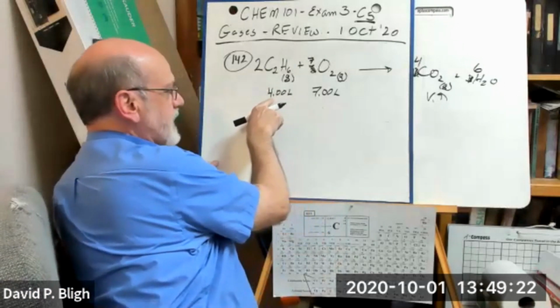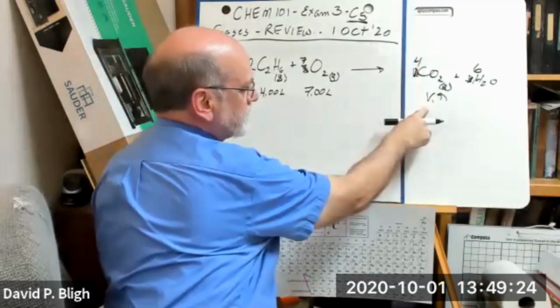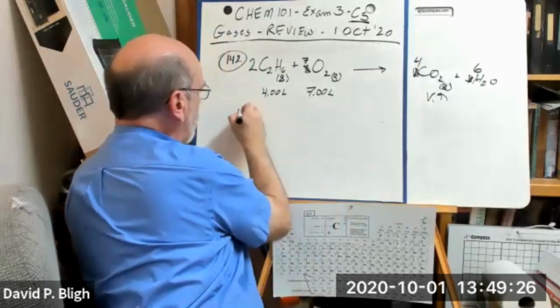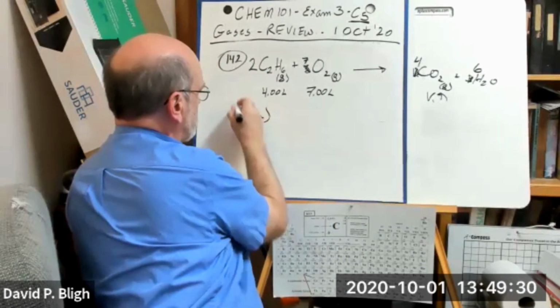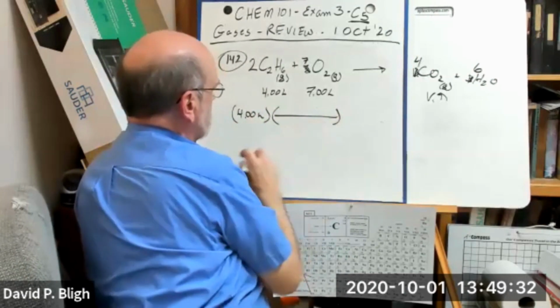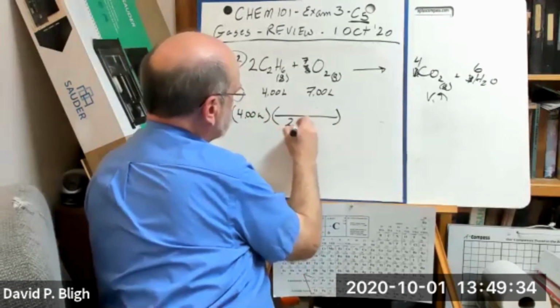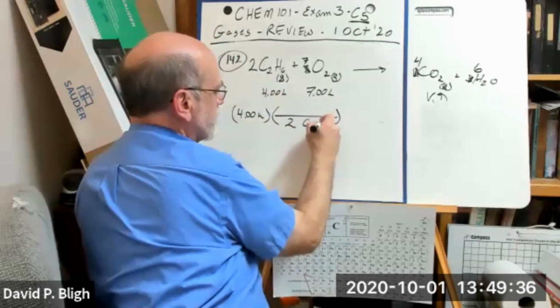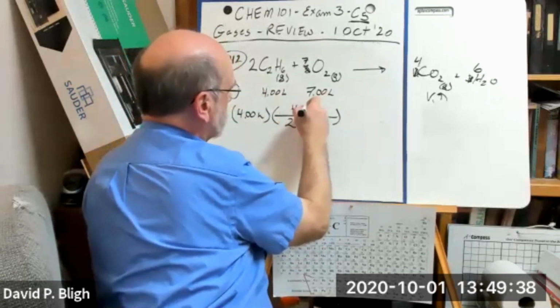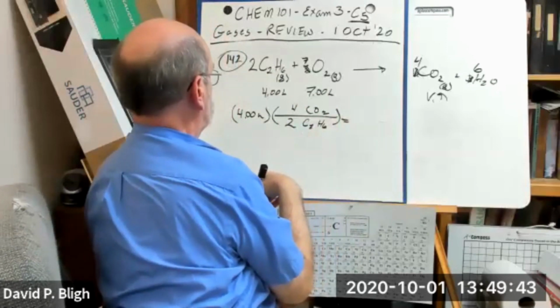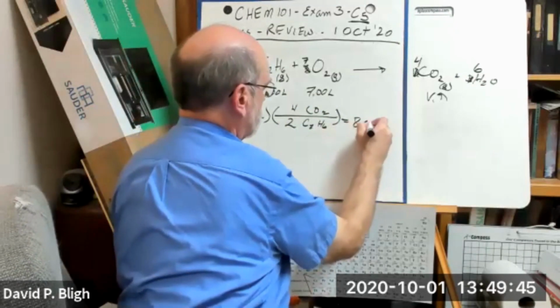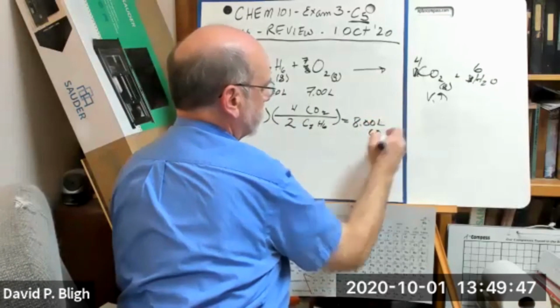So if we say all of this is converted to that, the ratio is 4 liters, and then we have 2 C2H6 and 4 CO2, which means we have 8 liters of CO2.